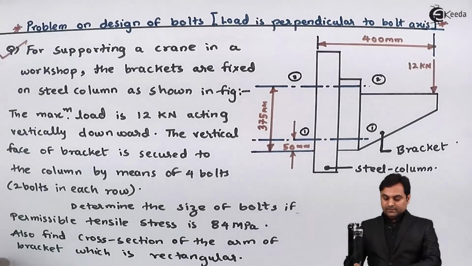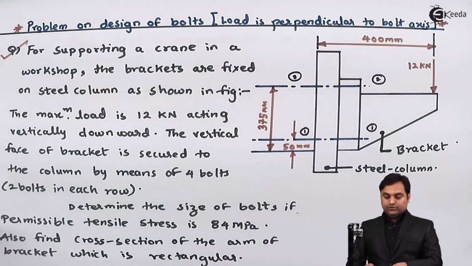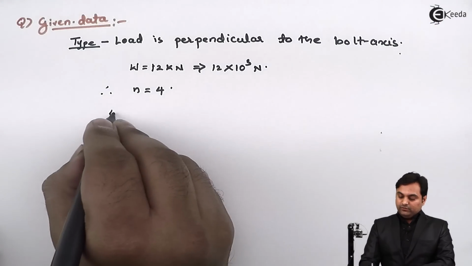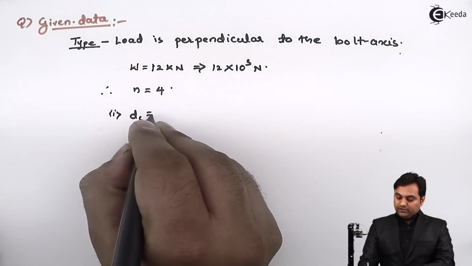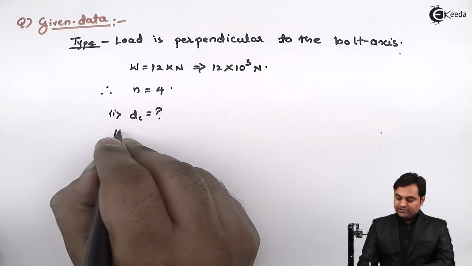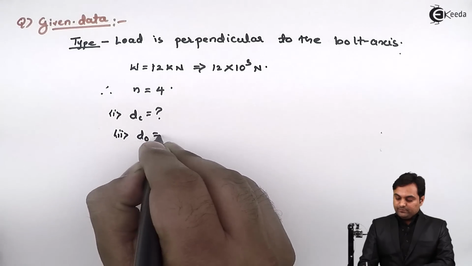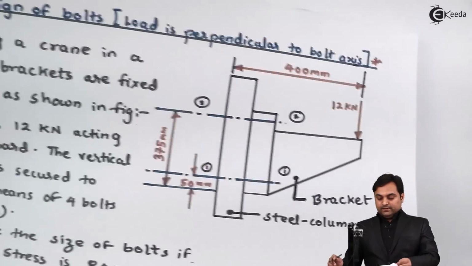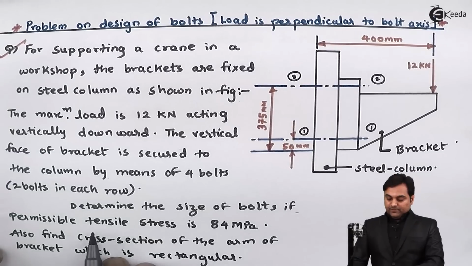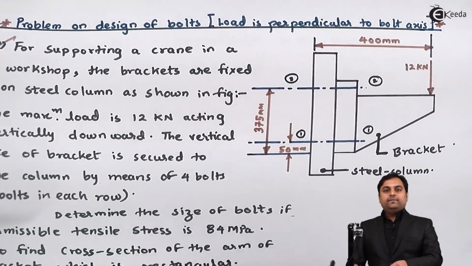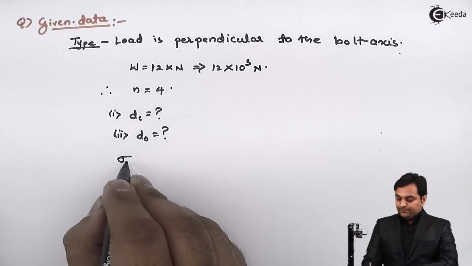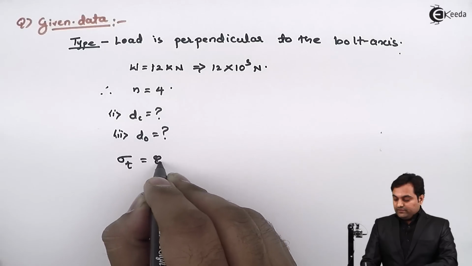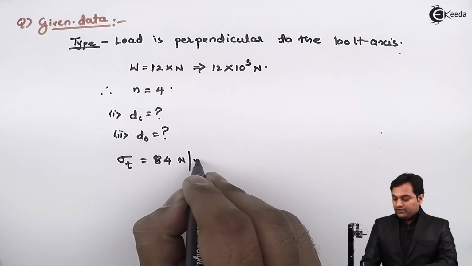Next, determine the size of bolts. So the question is, we have to find out how much is the core diameter of the bolt, how much is the nominal diameter of the bolt, that is the outer diameter. Then if the permissible tensile stress is 84 megapascal, sigma T value, it is 84 Newton per mm square.